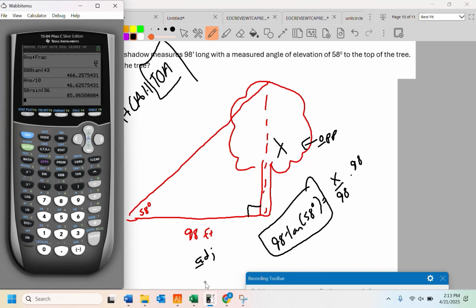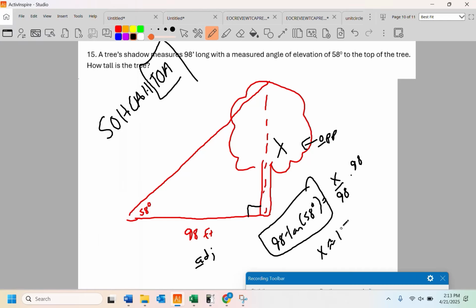And by the way, I might write it so you don't have to push buttons in a TI-84, because that technically is the answer. There's nothing wrong with it. The tree is roughly 157 foot tall. I'm just going to round to the nearest foot because it's kind of a real world problem. Nobody really cares about the exact inches. It's about 157 foot tall. Tall tree. It really is.